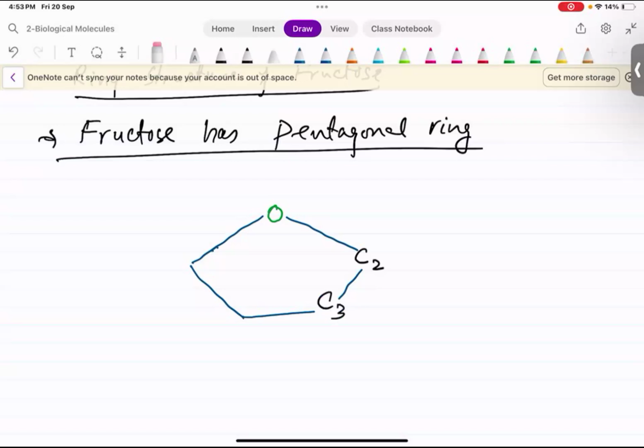This has carbon number 4 here. This has carbon number 5 here. So the ring has 4 carbon in it. Carbon number 2, carbon number 3, carbon number 4, carbon number 5, and carbon number 1 and carbon number 6 are out of this ring.